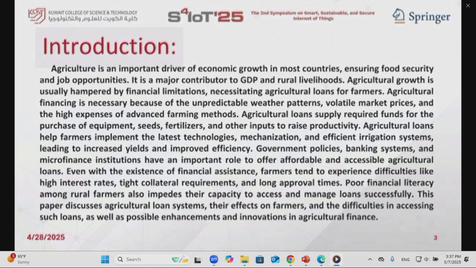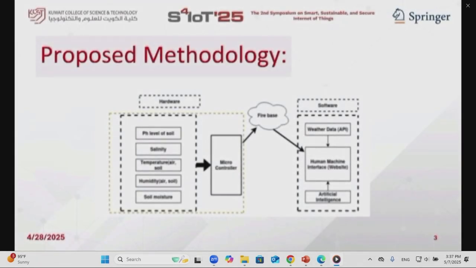Coming to the proposed methodology, we have two parts in our project: hardware and software.